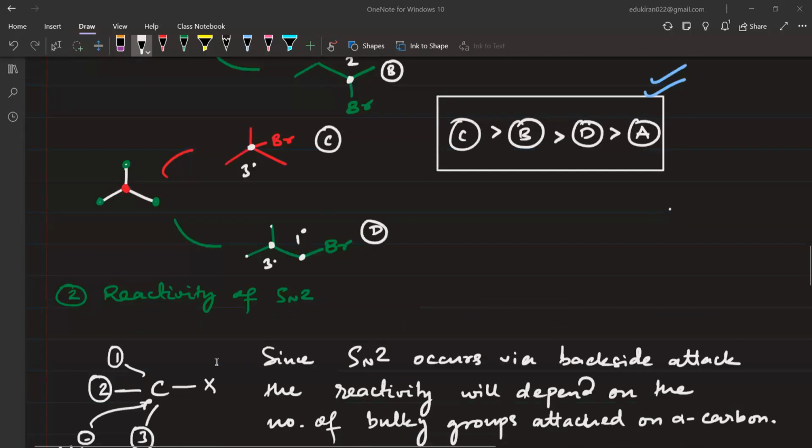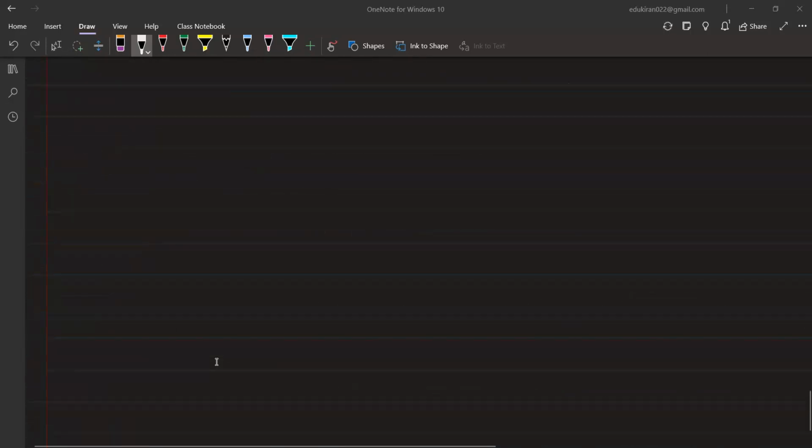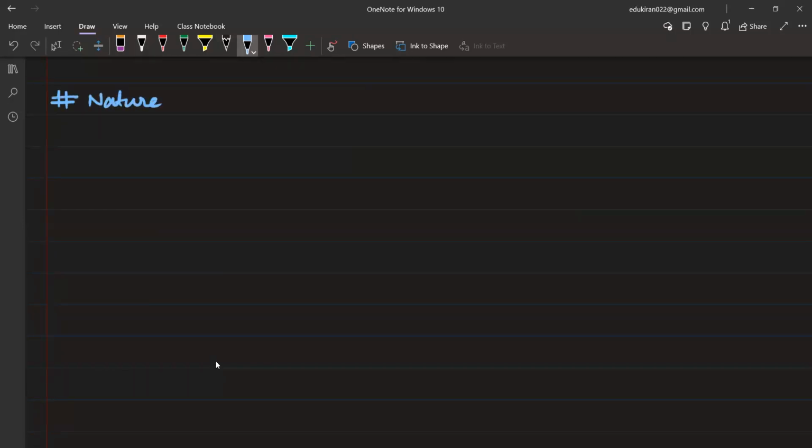Right, next, writing with this blue pen. Nature of leaving group. Please write here.